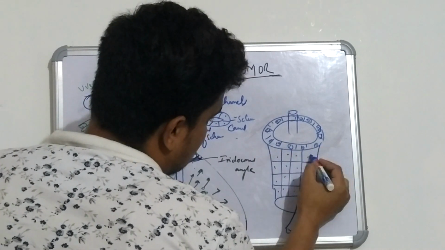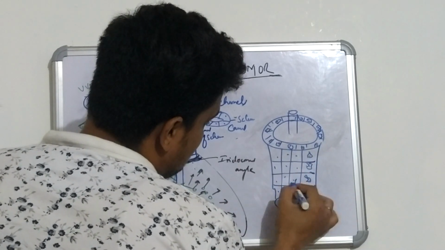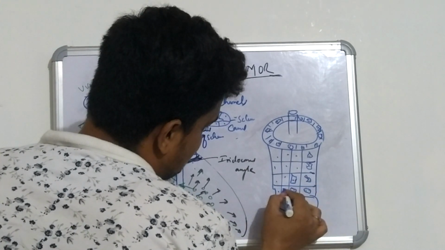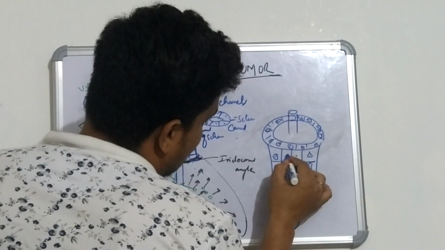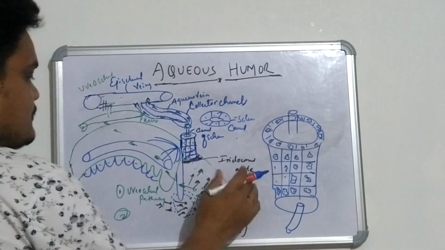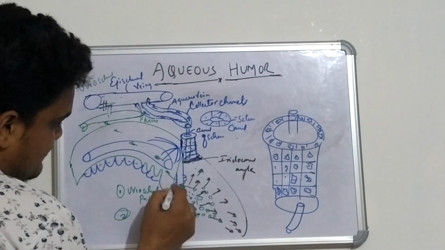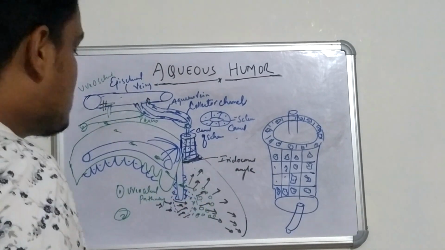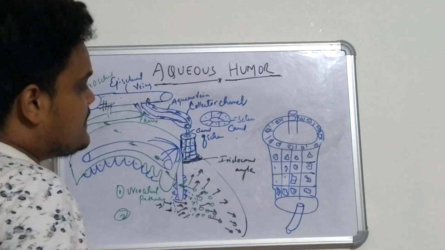These are also present in the plates of the trabecular meshwork. So if there is any inflammation or cell debris, it can be engulfed by these macrophages with the help of phagocytosis. These macrophages are also present on the surface of the iris, so that they engulf the debris to make the aqueous clear and the optical system very clear.